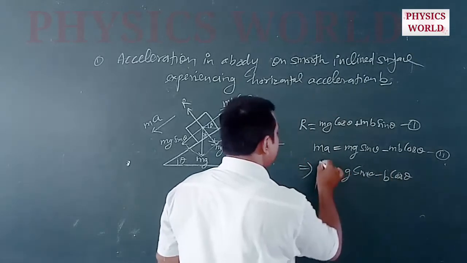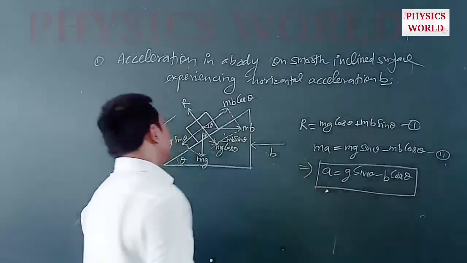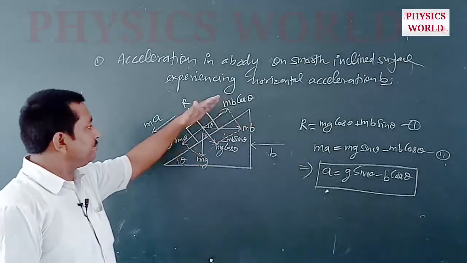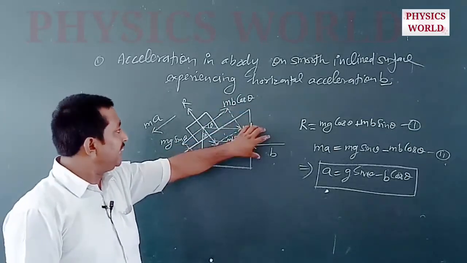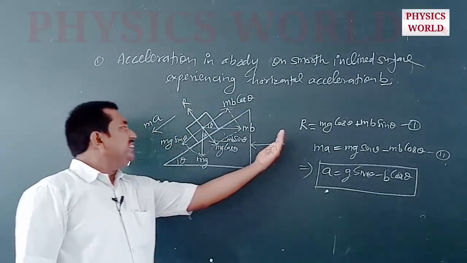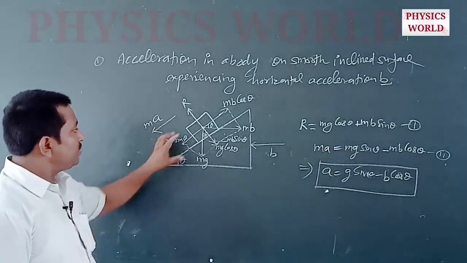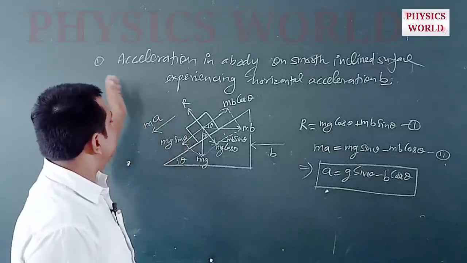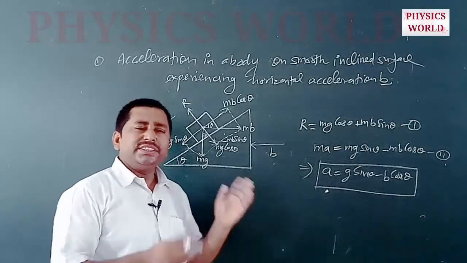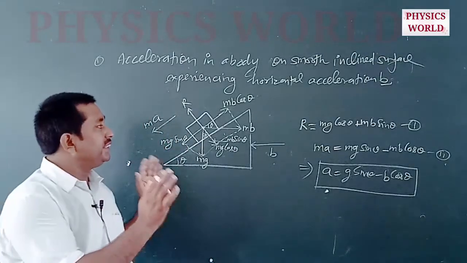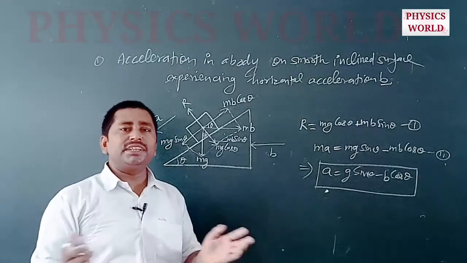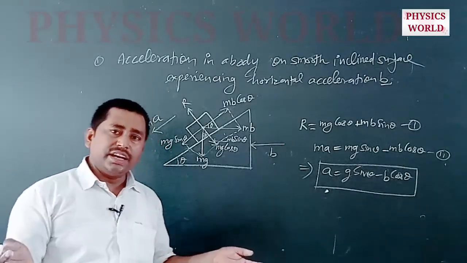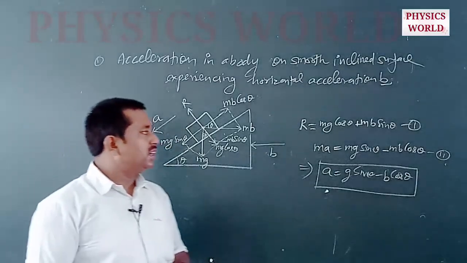So this is a simple formula for the acceleration produced in the body which is placed on an inclined surface, when the total plane and the body are pushed in the direction in which the object is moving by itself. Okay, so this is a simple case, and we can use all these methods to solve different types of numerical problems. So use FBD and solve different types of numerical problems.